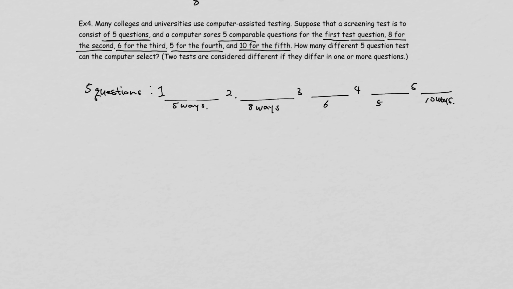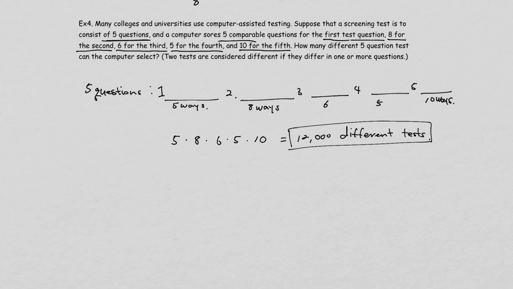So you should be able to use the multiplication principle. So you will do 5 for the first, 8, 6, 5, 10 options. When you multiply all that, it will give you about 12,000 different tests, so that students will not get the same test. And that's how you're going to use the multiplication principle for these types of word problems.